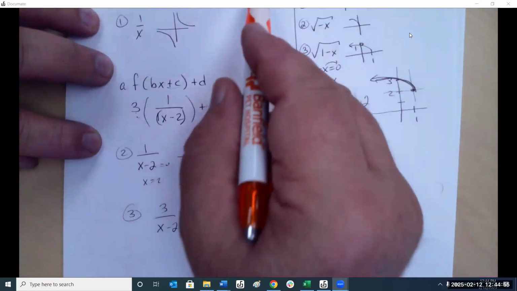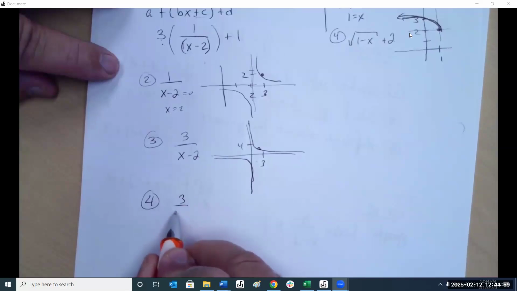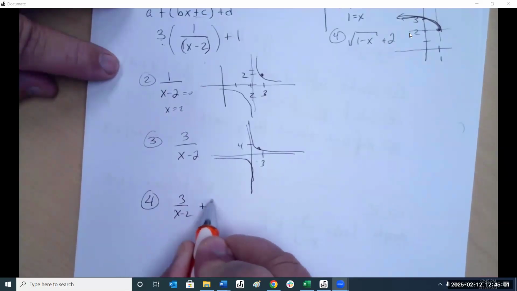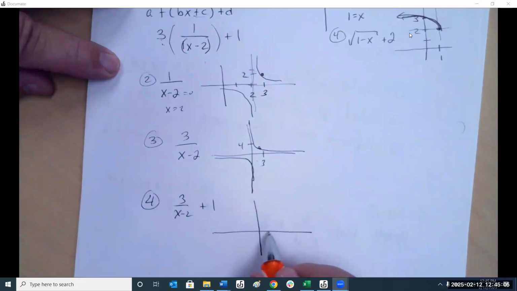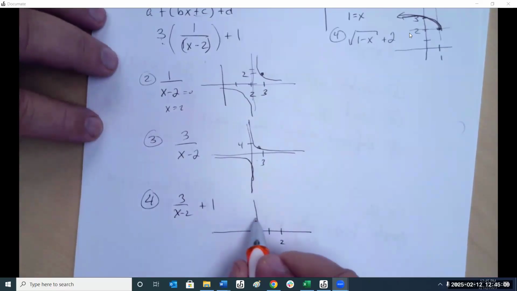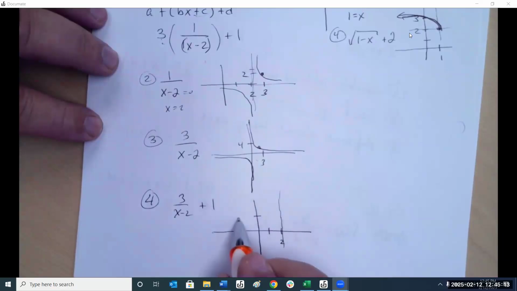And then the last thing we do is we go to the right 2 spaces, we go up 1, and there's my new origin.